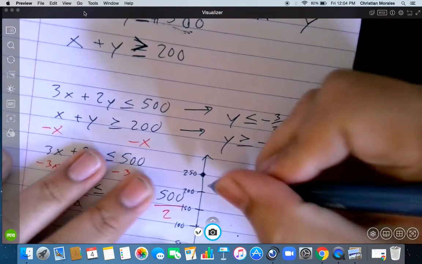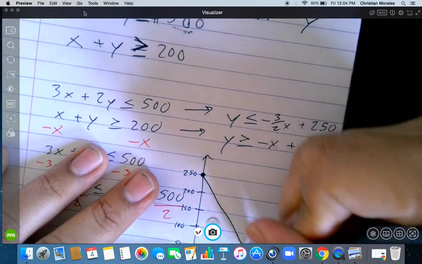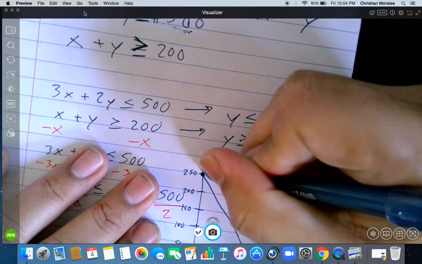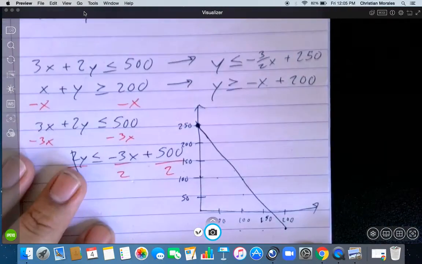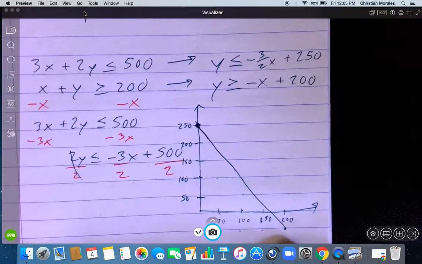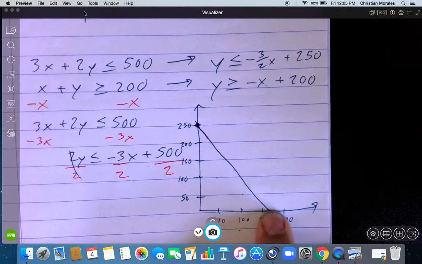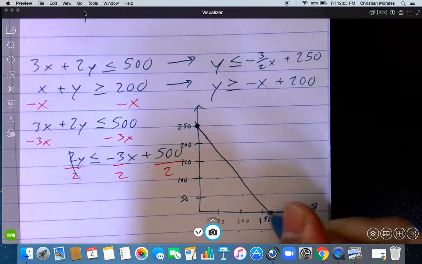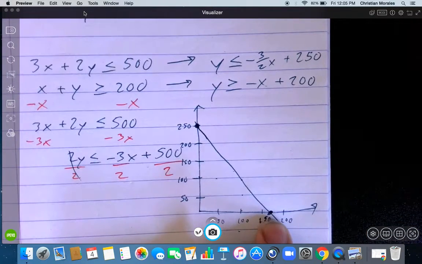So my line will look something like this. If you notice, I did have to go into the negative side, but I'm not going to count this because we're not using negatives, okay? So don't worry about that. So right here is kind of where it stops at 0, like around 160, 170.